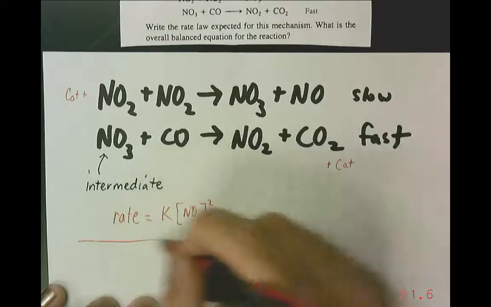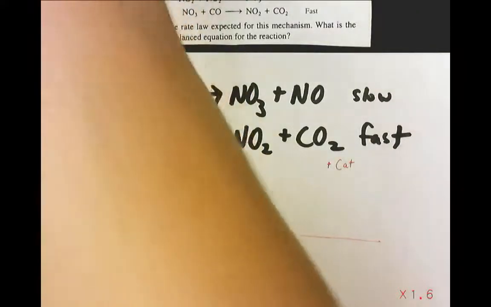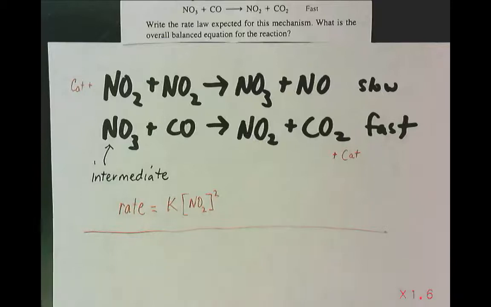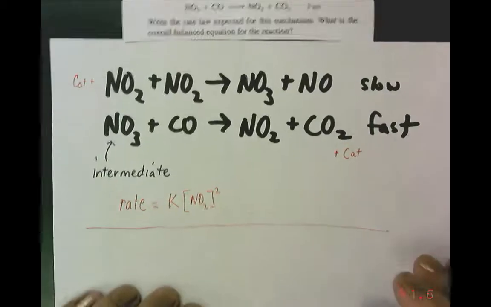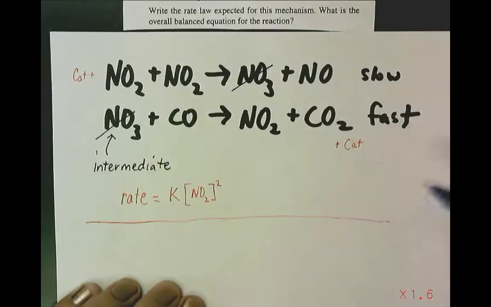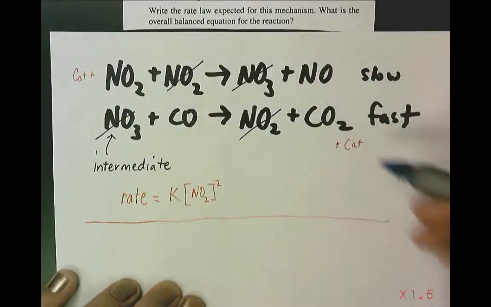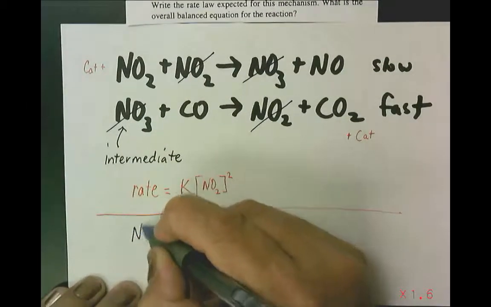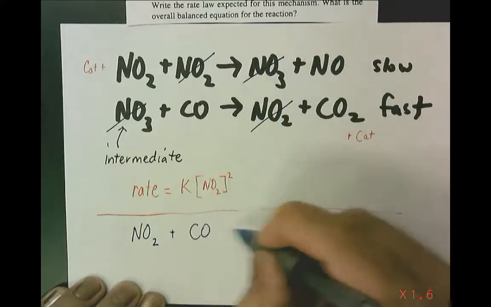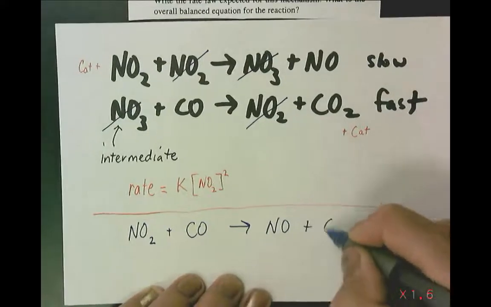Okay, so now let's add these together. And let me use a little darker pen. Let's add these together and get the overall balanced equation. So I'm going to cancel like terms. All right, so what's left? We've got NO2, we've got some CO, producing NO and CO2.